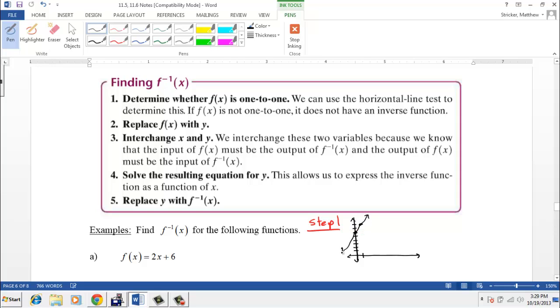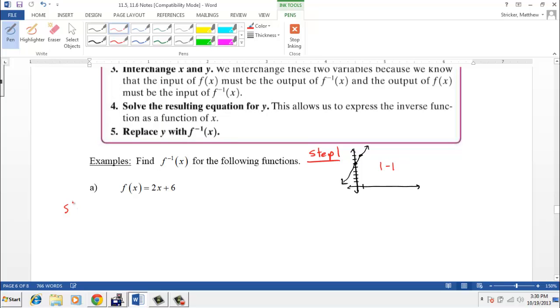This graph is going to look something like that. Any horizontal lines going across the screen left to right will only cross this graph in one place. So we would say yes, this is 1 to 1. So we can go ahead and move on to step 2.